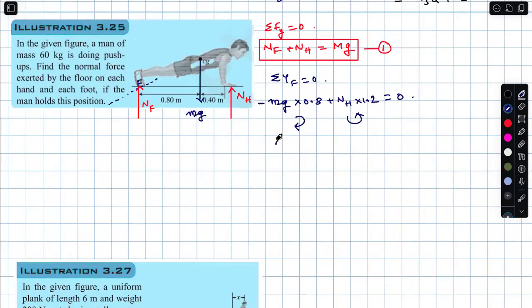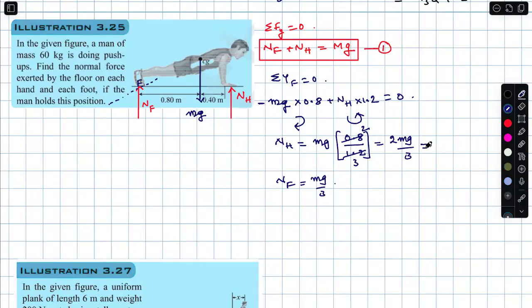Therefore N hands is mg times 0.8 by 1.2, which is 2 mg by 3. Obviously, N foot is mg by 3. That's what you want, but this is not the answer. For each hand and each foot, you need to divide by 2. If you pose this as your answer, that is wrong.